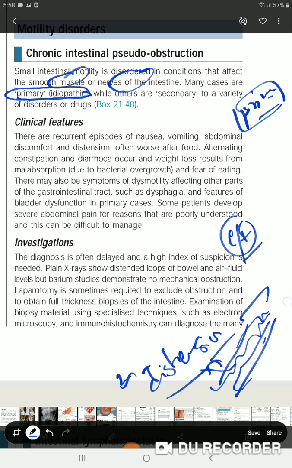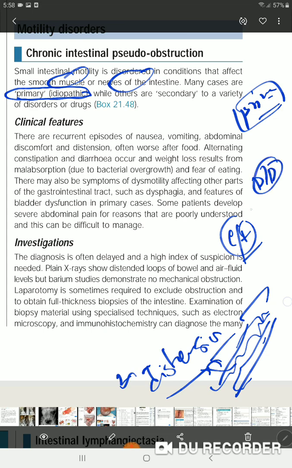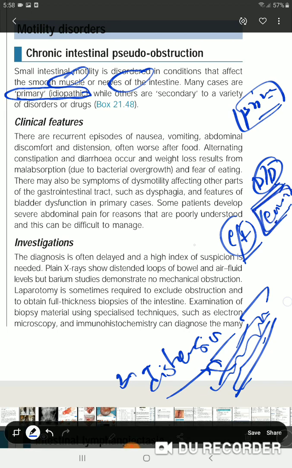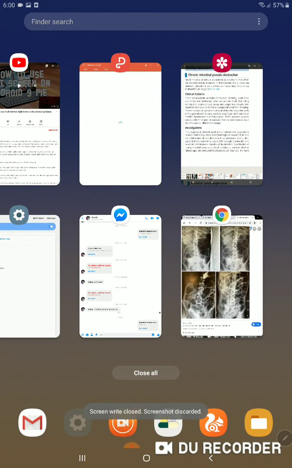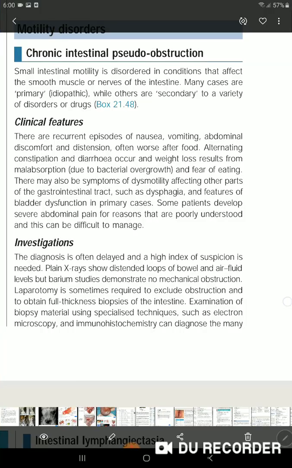For the proper diagnosis, we must include some differential diagnosis, that is, other causes of chronic abdominal pain, and for that reason we need some investigations such as X-ray abdomen and ultrasonogram. In case of X-ray, what finding do we wish to see?